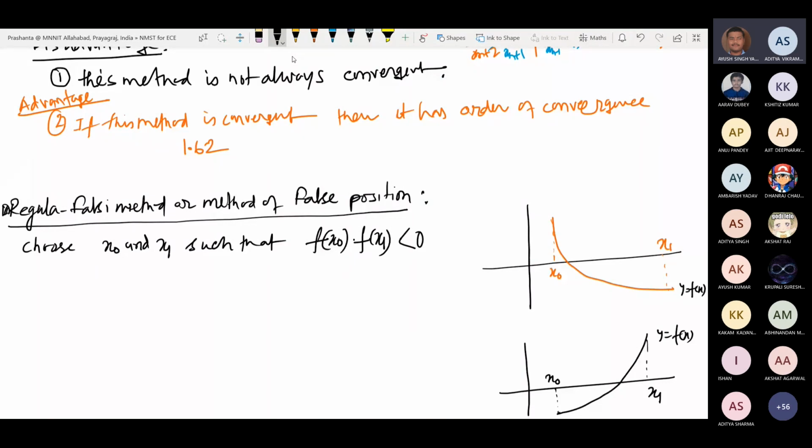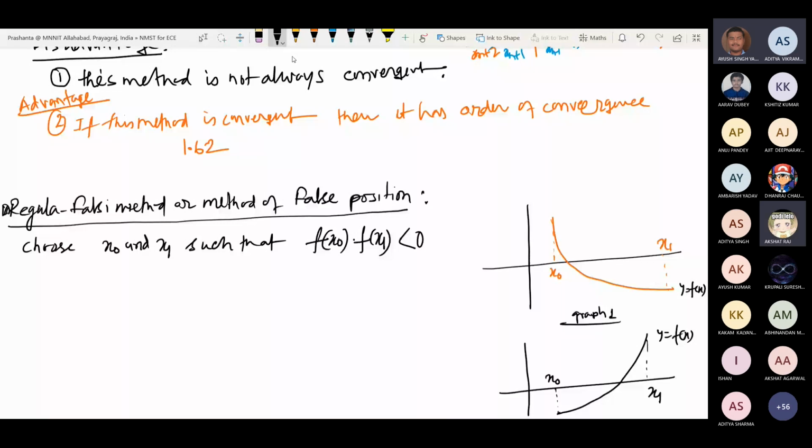If you zoom in on the graph near the root, either one of these two will be the shape of the curve, if you choose X0 and X1 in this manner and the equation has a root. So first you concentrate on graph 1, the top graph.